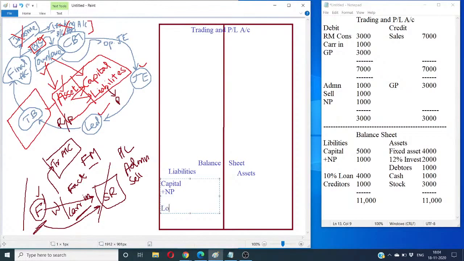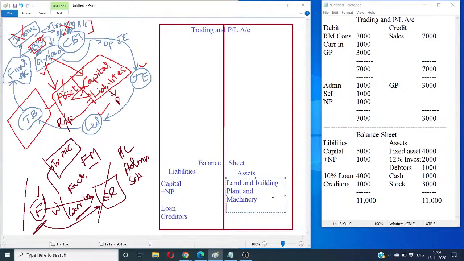And we have loan and creditors, etc. In the asset side, usually we'll start this way: land and building. This is the predominant asset every business will have, right? And plant and machinery. I'll just give a small list now. On subsequent classes, we'll deal in detail.